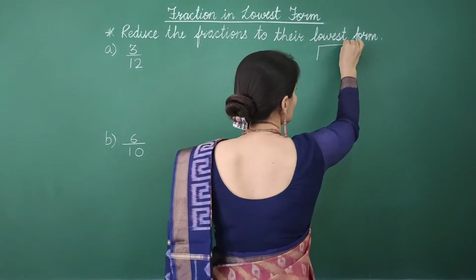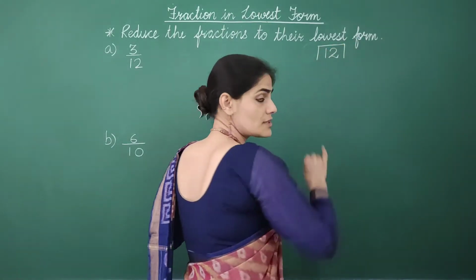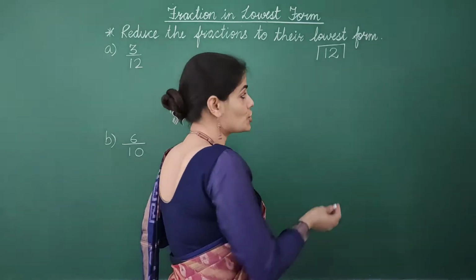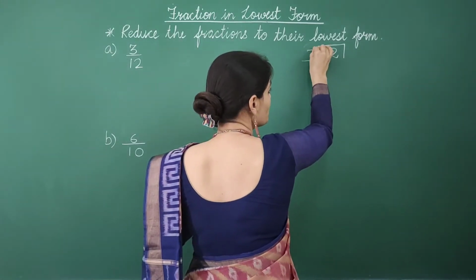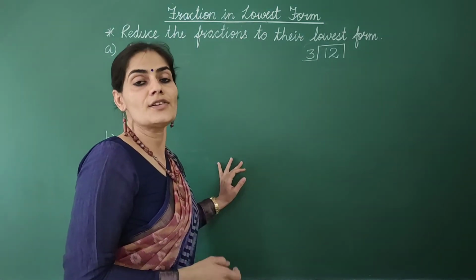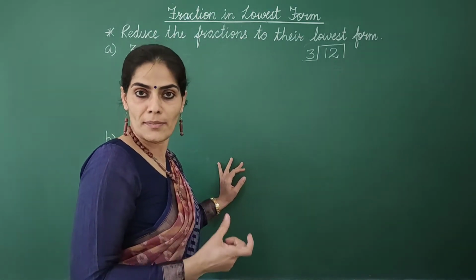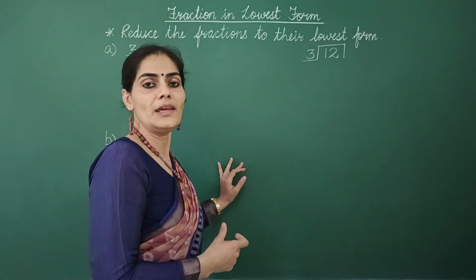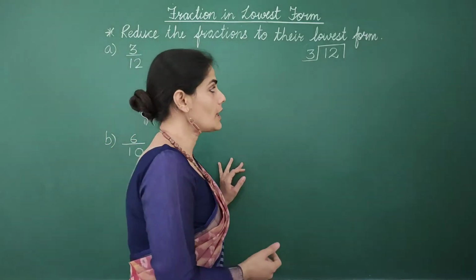So this number 12 becomes the dividend as it is larger, and the smaller number 3 becomes the divisor. Whichever divisor is going to provide us with the remainder as 0 will be the HCF of the numbers.